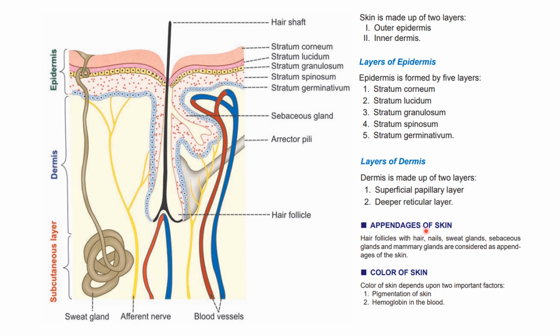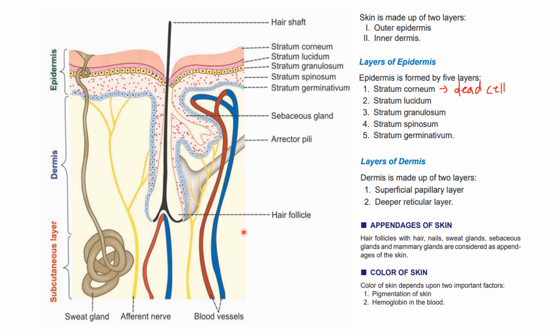Starting with your stratum corneum. Stratum corneum is also known as your horny layer. It is the outermost layer, which consists of dead cells, also called corneocytes.